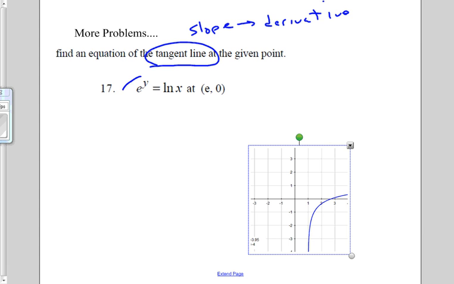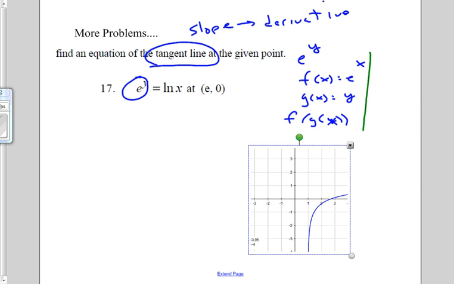of the left-hand side. So I'm going to pull that over here and think about e to the y as the composition of f of x being e to the x and g of x being y. So my function is f of g of x.